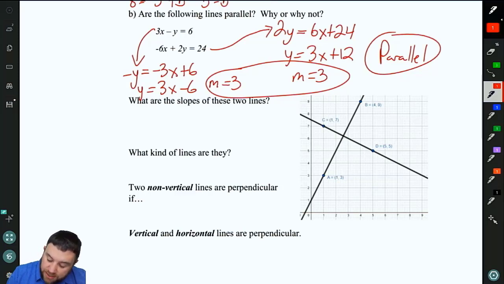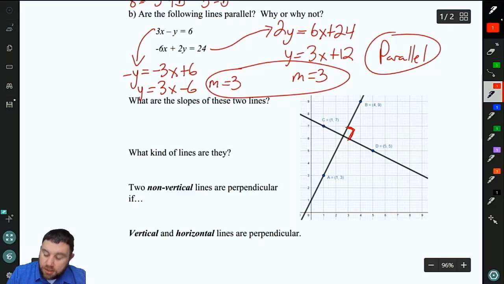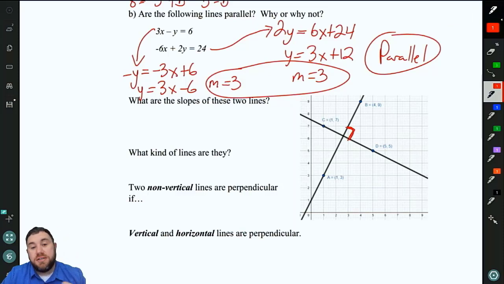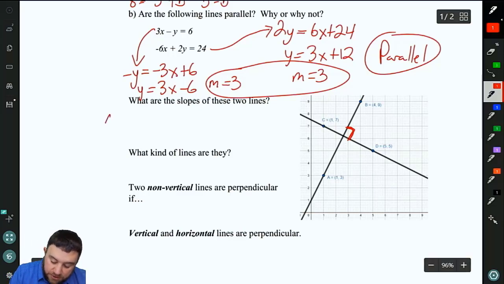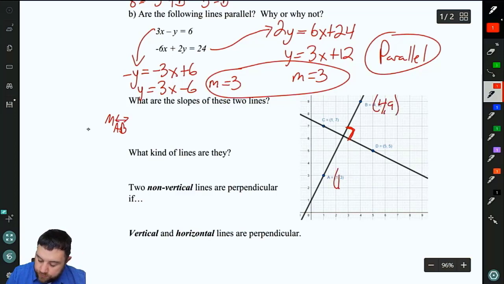Now looking at these lines that are perpendicular, let's look at their slopes and see what happens. So the slope of AB is the same line we saw before. So we'll have (9 minus 3) over (4 minus 1), 6 over 3, so our slope there is still 2.